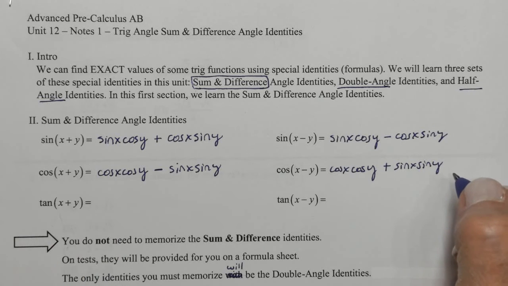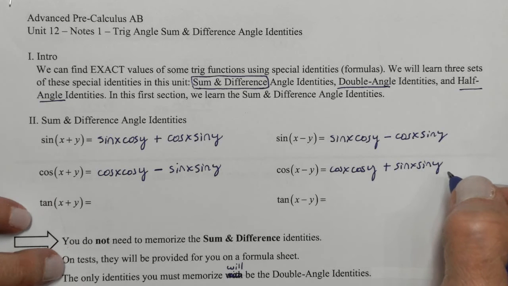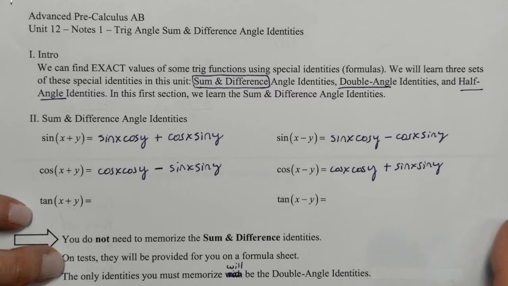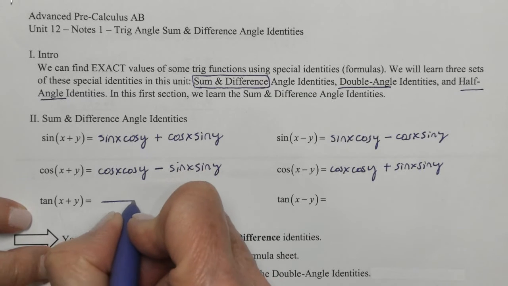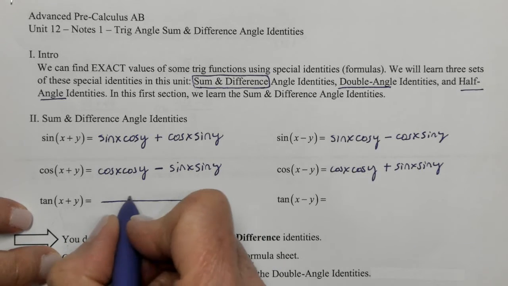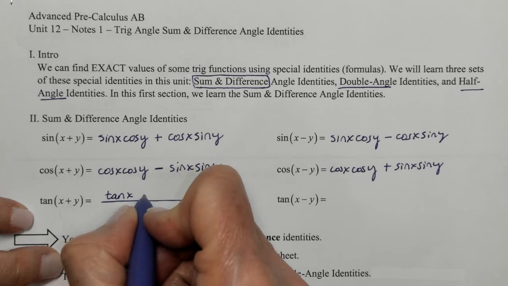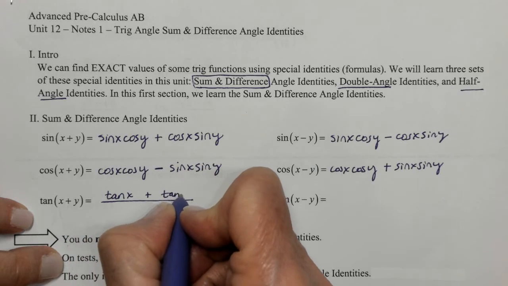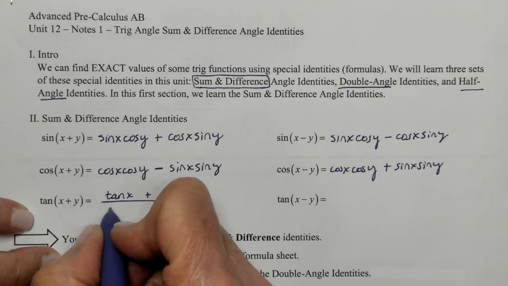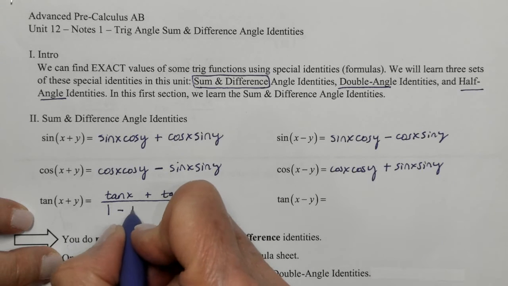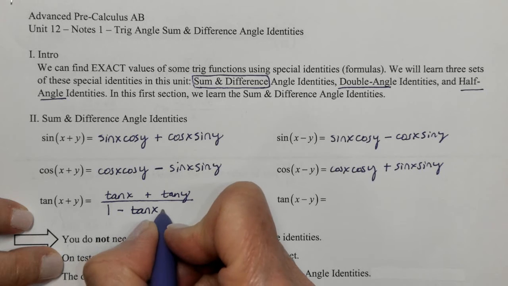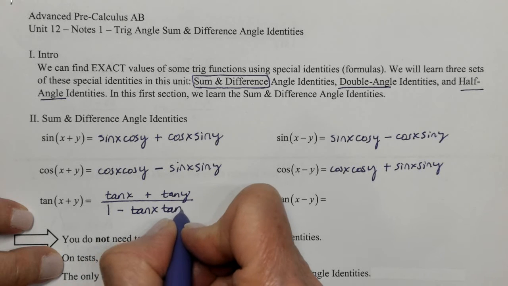The identity for tangent of a sum or difference, these identities are a bit more complicated than the ones for sine and cosine. These are a fraction. In the numerator, for this one, we have tangent of x plus tangent of y. In the denominator, we have 1 minus the product tangent x tangent y.